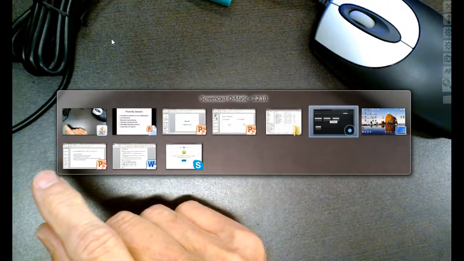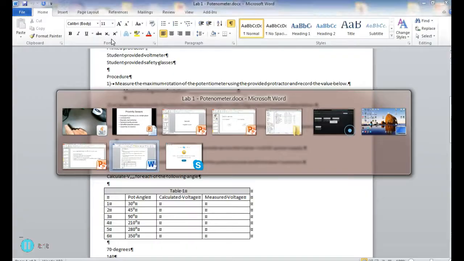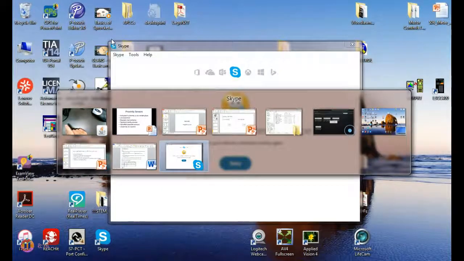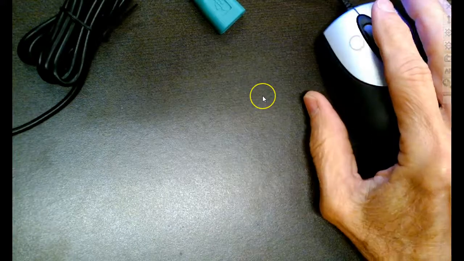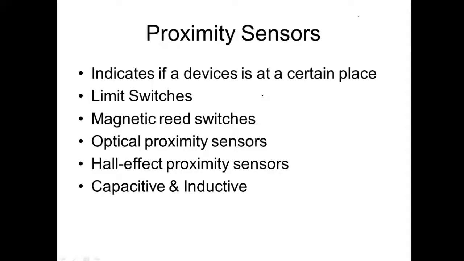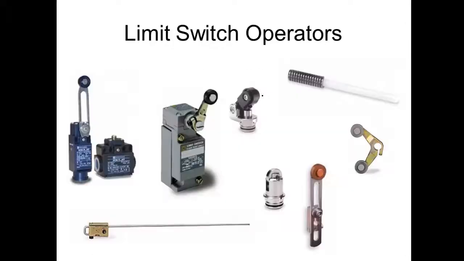So we have all types of operators that operate these limit switches. Some of them are what we call push types, which means they literally push into the limit switch.